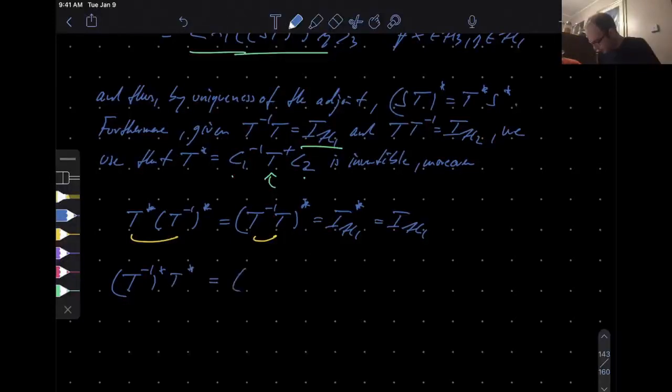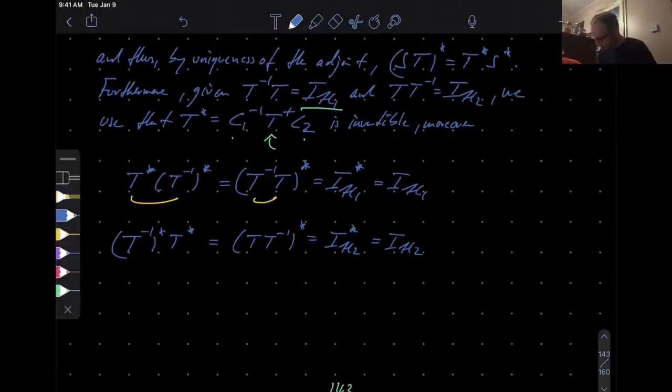Again, you use that property. This is the adjoint of the identity on the second space, which is just the identity itself. All right, good. And this proves the identity.